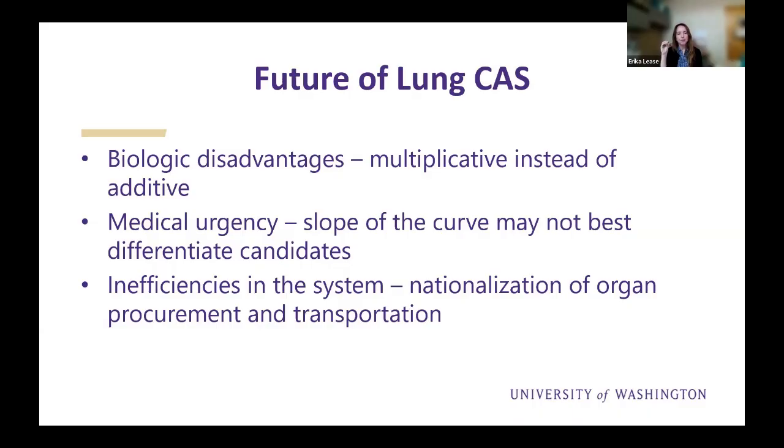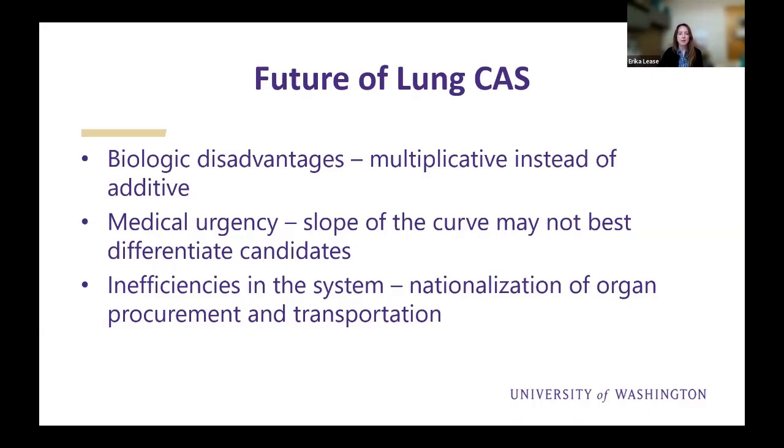But I think now, looking back on it and having experienced it as a transplant professional, I personally think that slope may be a little too steep, because most candidates actually congregate along the flat part of the curve, which then doesn't allow for differentiation of the vast majority of the candidates. In addition, we've allotted quite few points for candidates who are along that flat part of the curve, oftentimes being less than 1, if not even less than 0.5 points.